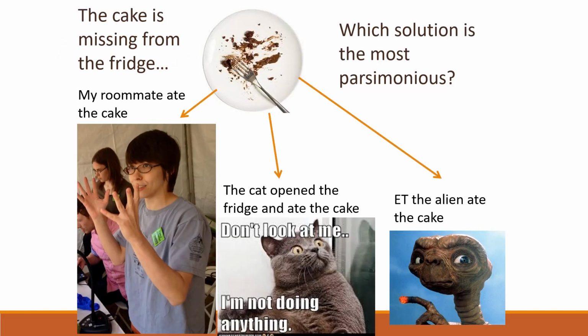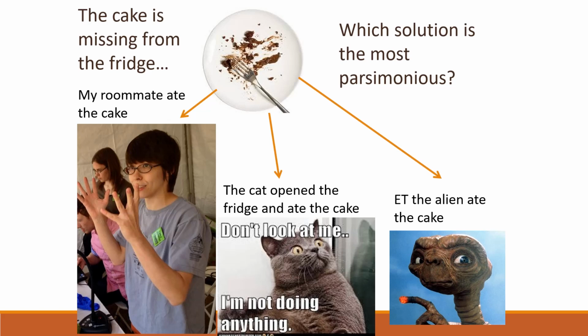So an example of this is if I am visiting my family and I had a piece of cake in the fridge that I was waiting to eat, and I go to eat it and it's gone. There are various things that could have happened. My roommate or someone in my family could have eaten the cake. I don't have a cat, I have dogs. So my dog managed to open the fridge and eat the cake.